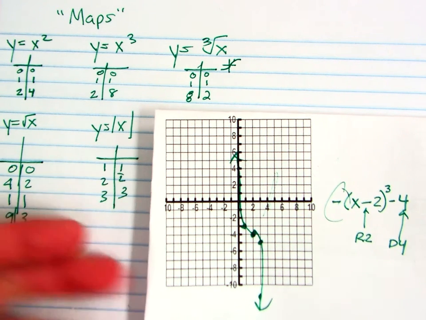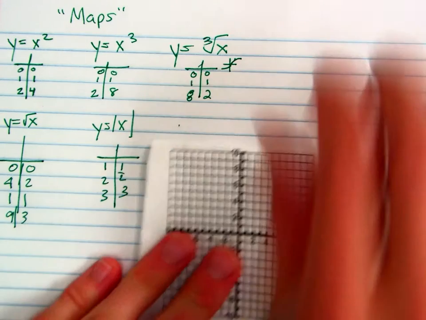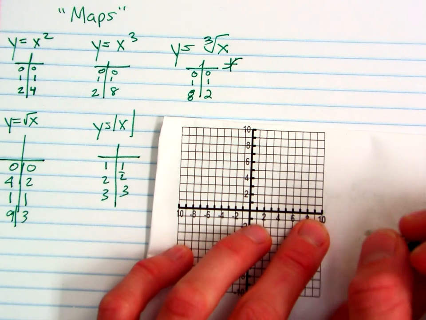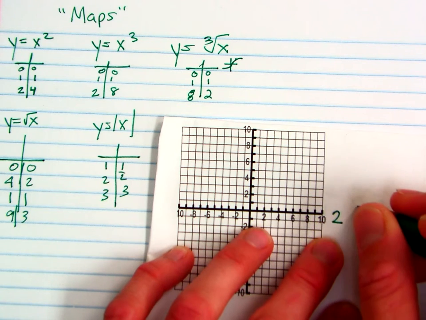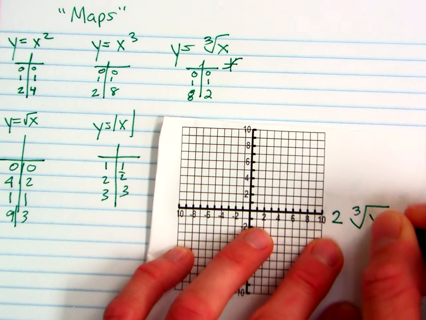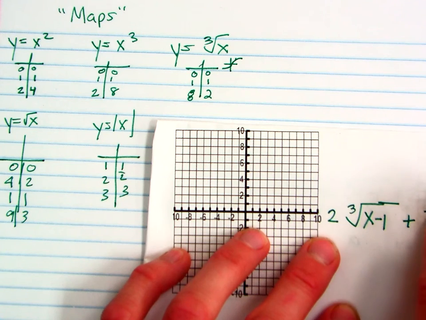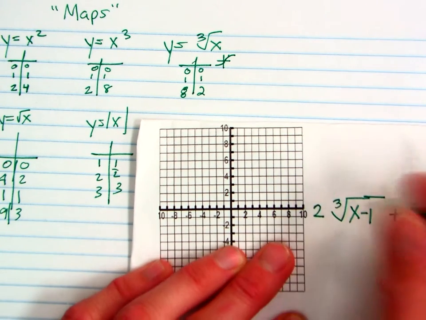The last thing we covered was putting a number in front of the function. For example, if I had, let's say, 2 cube root of x minus 1 plus 3. So first I shift.